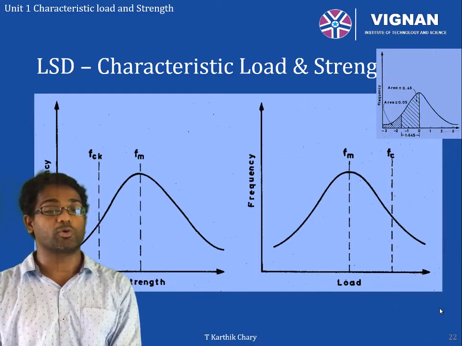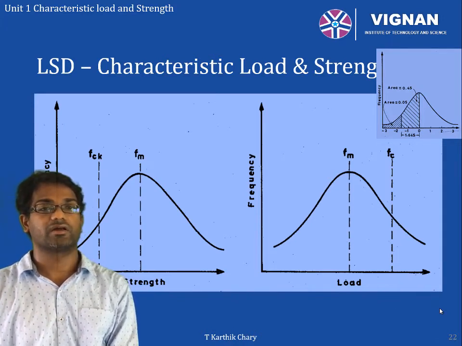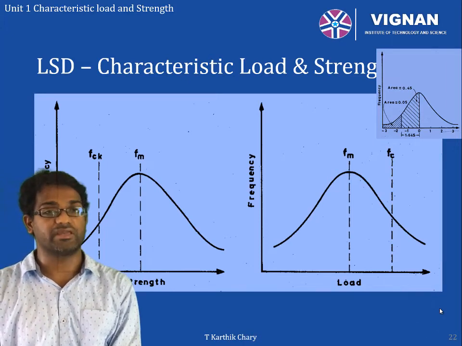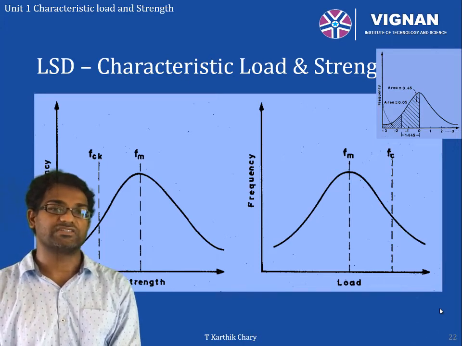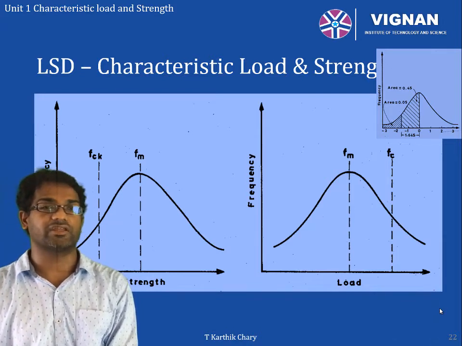If I talk about the load carried by this structure, I am talking about a 100 kilonewton load, which is a mean load taken by the beam. I will design it for 150 kilonewton, which is the least probable, least expected, but it should be in the range of that 95%.